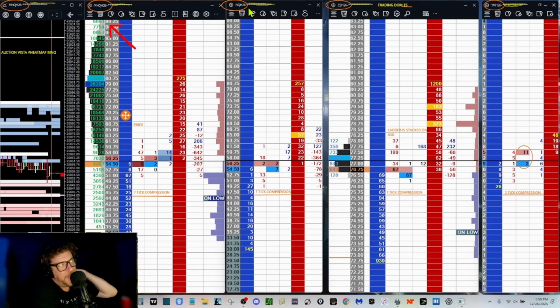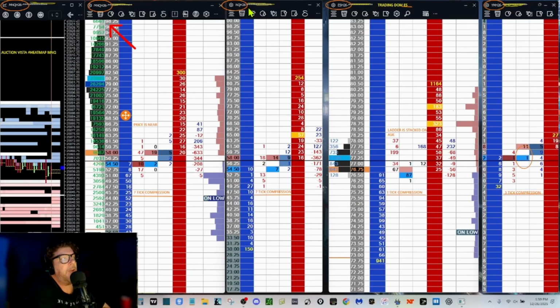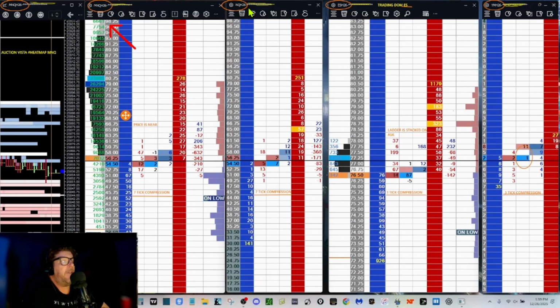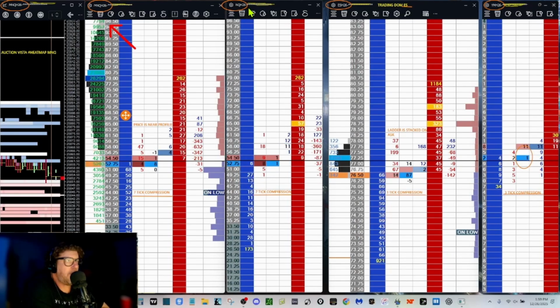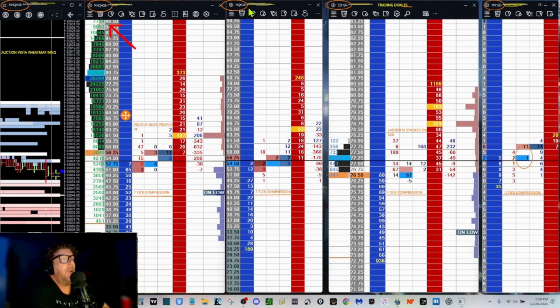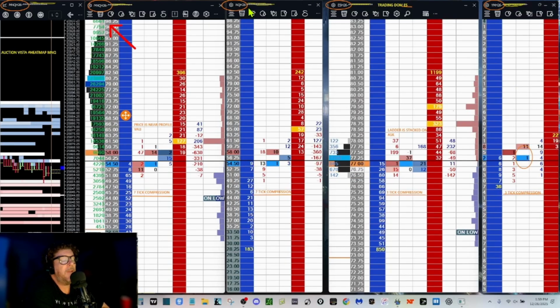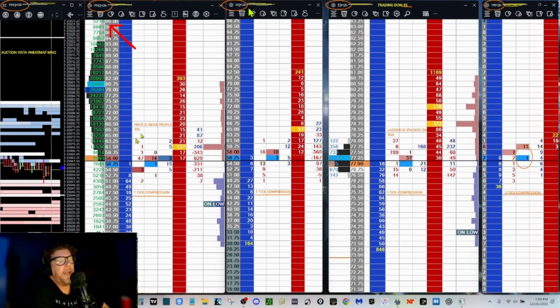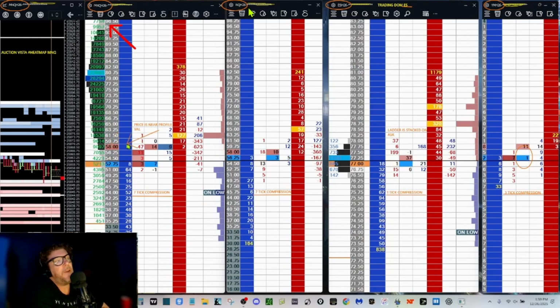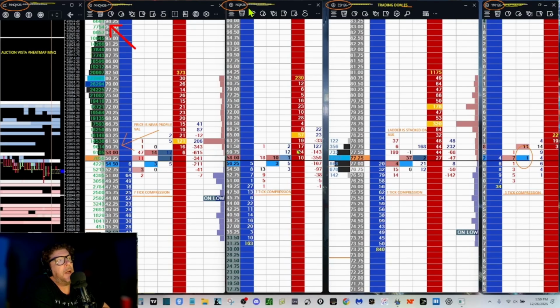I don't pay as much attention to the session volume profile on the NASDAQ. I have in the past, and it works. But if you look at the daily volume, the pre-market volume, the regular trading hours volume of the micros versus the mini, you get about 4 times the amount of volume.